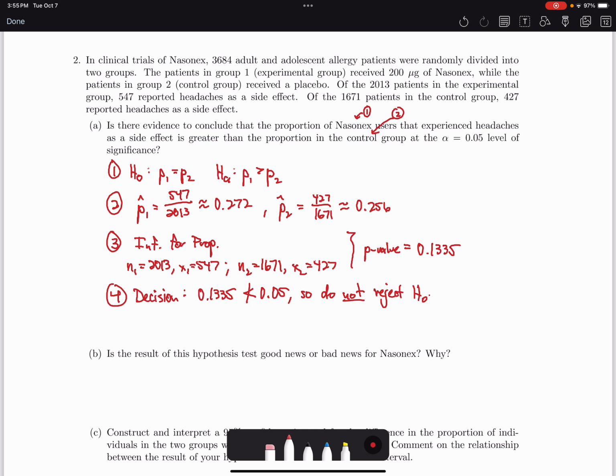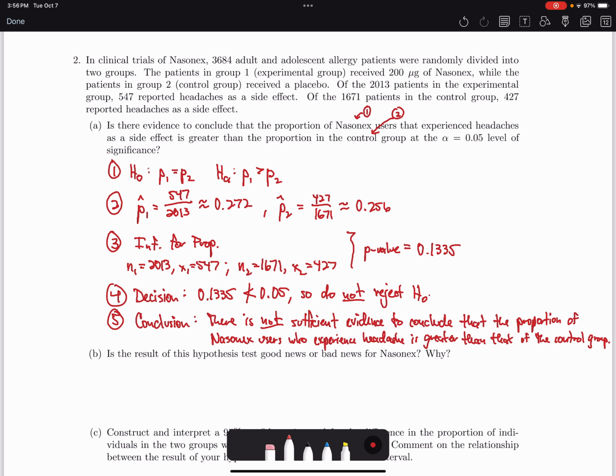Okay, 0.1335 is not less than 0.05, so we do not reject the null hypothesis. It's a little bit of a squeeze maybe to fit that conclusion in there, but the conclusion should be that there's not sufficient evidence to conclude that the proportion of Nasonex users who experience headache is greater than that of the control group.